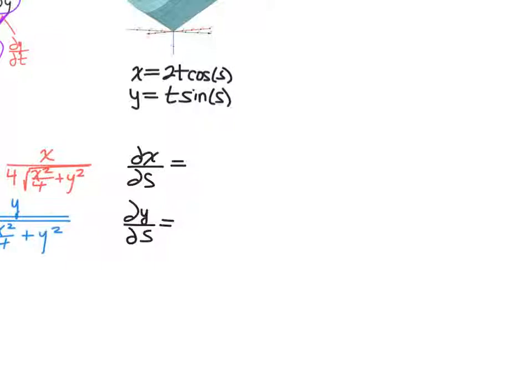We're just taking the derivative of cosine s, which is negative sine s. So negative 2t sine of s. And then for partial y with respect to s, holding t constant, taking the derivative of sine of s, which is cosine s. So t cosine s.